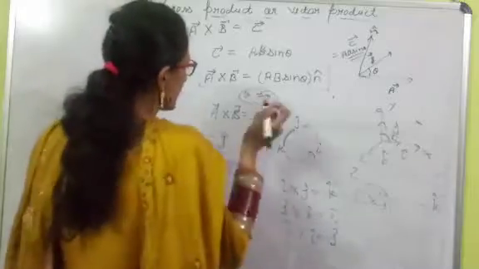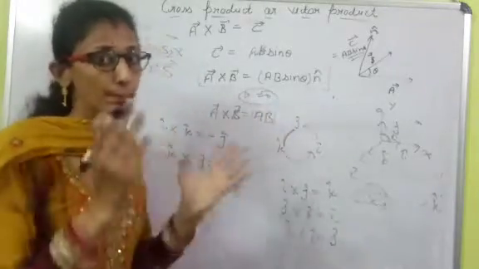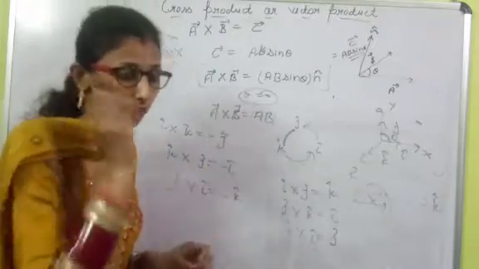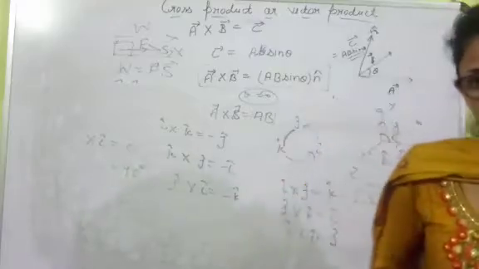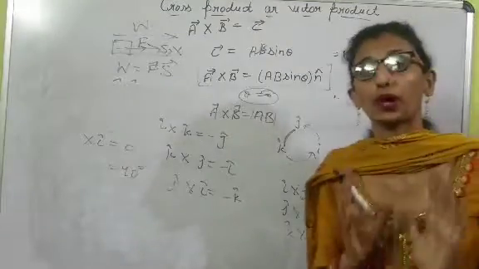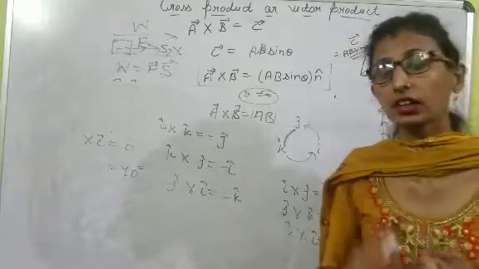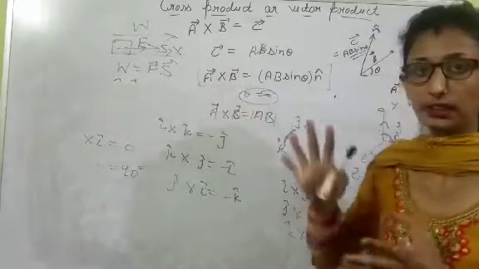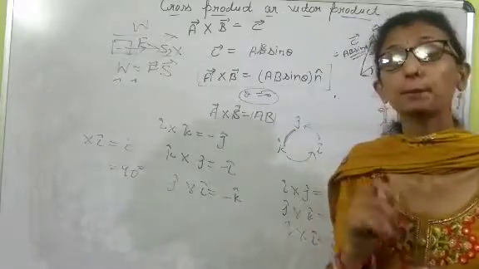So the magnitude of A cross B is equal to the magnitude of A times B, which is the maximum value. Always remember, A cross B is a vector quantity. It has magnitude as well as direction, and the third vector given by A cross B is always perpendicular to A and B.